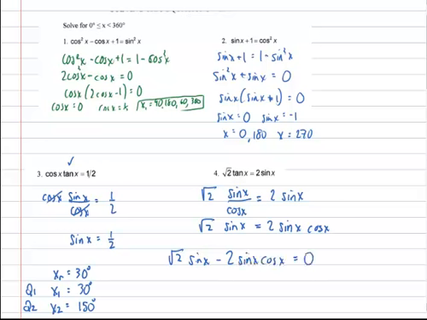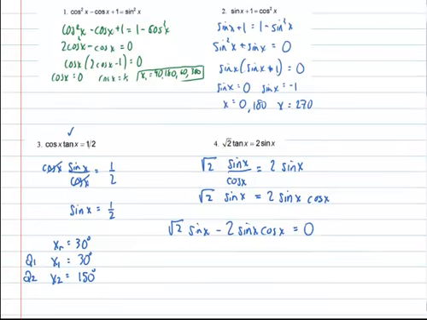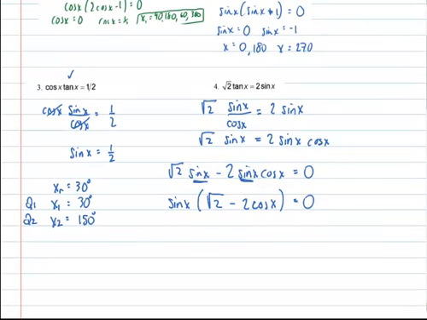Now, the art with solving this problem is we do GCF factoring. So I'm just going to take out the sine of x. And what I'm going to have left is just root 2, because this part was taken out of both parts, minus 2 cosine of x. That equals 0. Now, we're going to set sine of x equal to 0 and root 2 minus 2 cosine of x equal to 0.